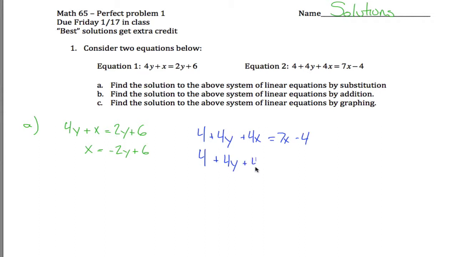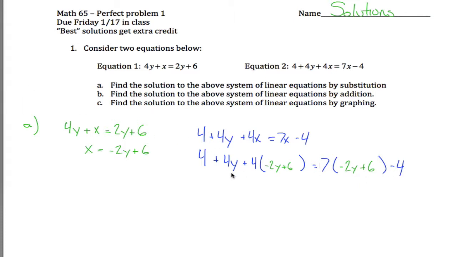So instead of plus 4x, I got plus 4 times this thing here, the negative 2y plus 6. And then over on the other side of the equation, I got 7x minus 4. But instead of x, I'm going to write this thing over here that I found out x was equal to, negative 2y plus 6.